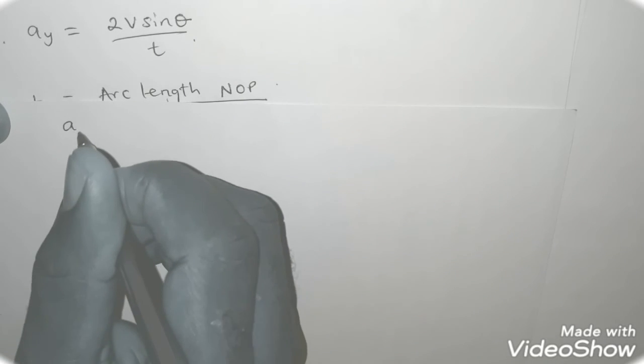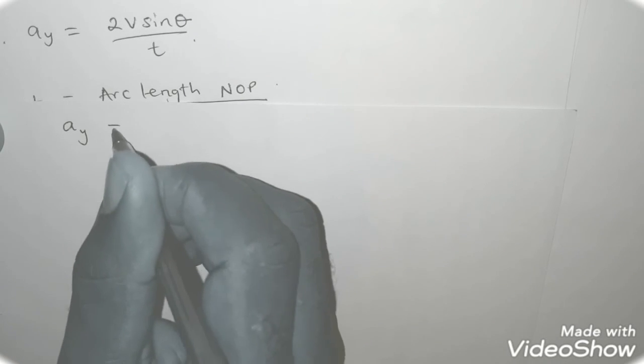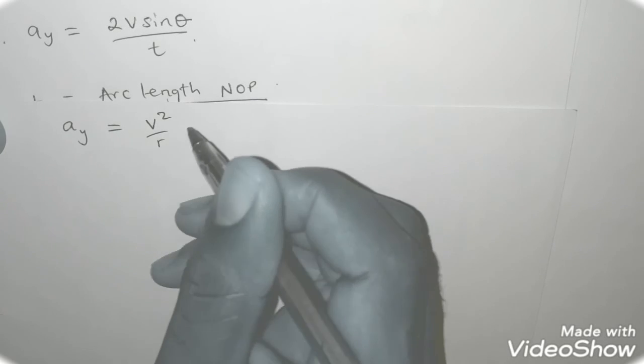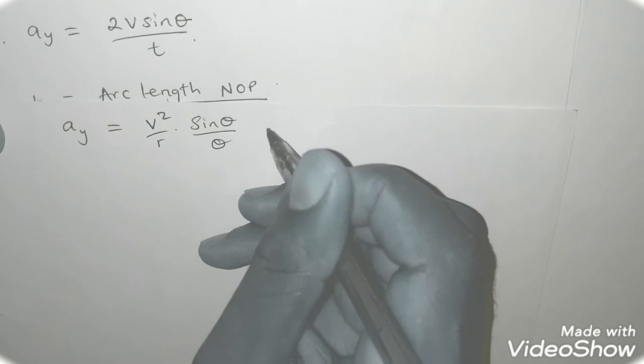So we have said our vertical acceleration is equal to v squared over r times sine theta over theta.